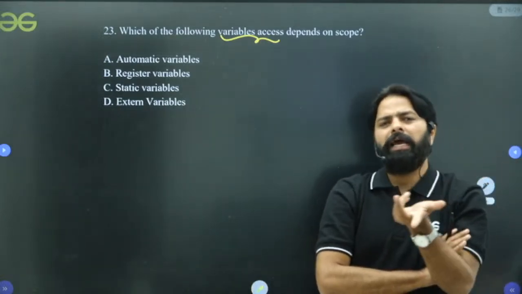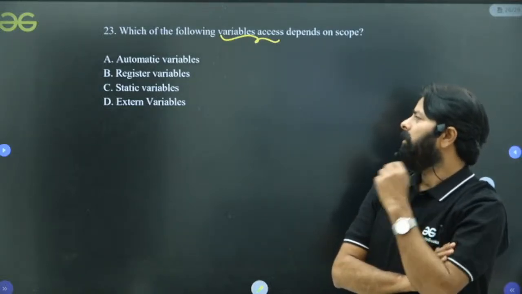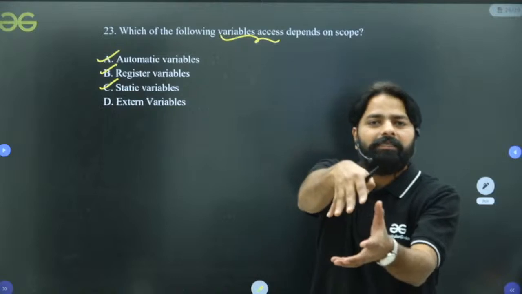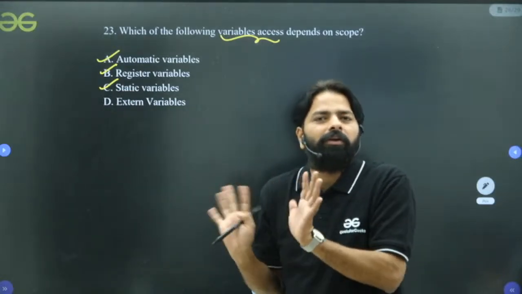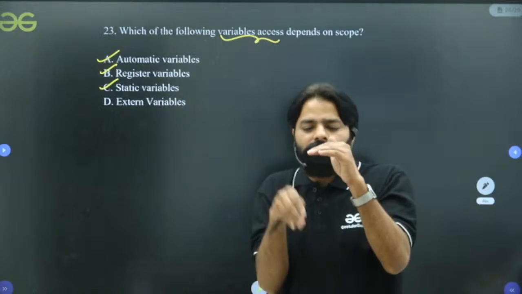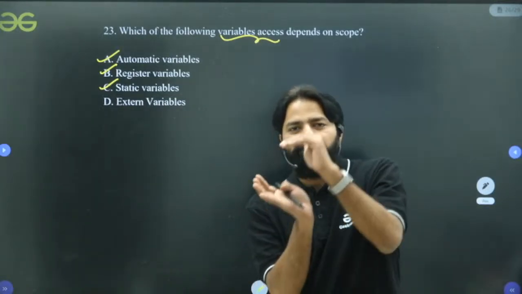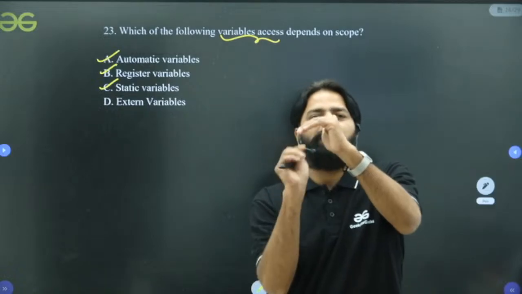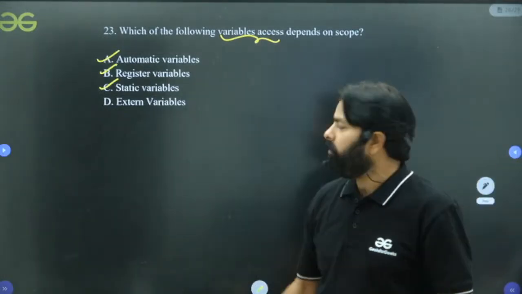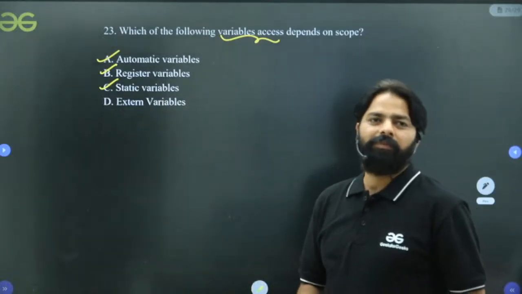Previous one was A and B, but this time the answer is static variables also depend on the scope to access. Creation and deletion of the memory will not depend on the scope, but for accessing, if you declared it in the program, it should be there in that program to access the variable. If you have declared in that block, then you should access it in that block only, not outside. Memory, even though it is there, you can't access outside for the static variables. Now the answer is ABC.